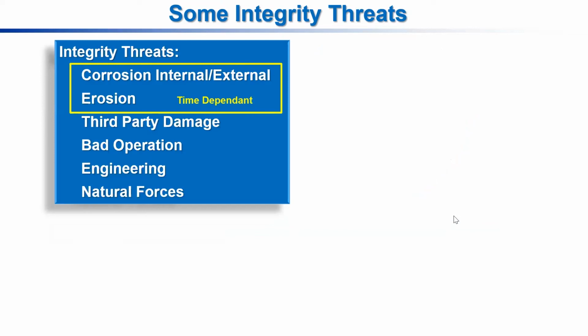In many cases, that's where most of the monitoring, at least the monitoring that we're going to be talking about today, is used. We also have threats from third-party damage. Somebody else comes with a hammer and hammers the pipeline, a backhoe digs and hits the pipeline, or somebody malicious comes in and saws the pipeline and opens a hole.